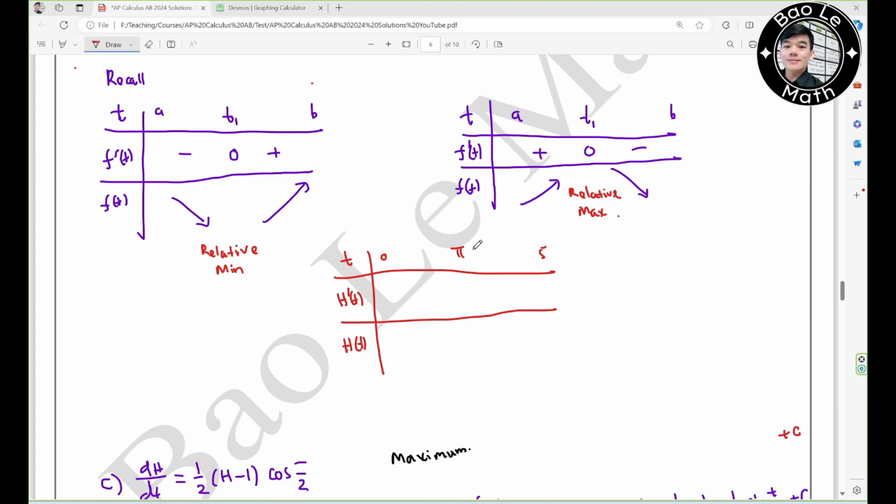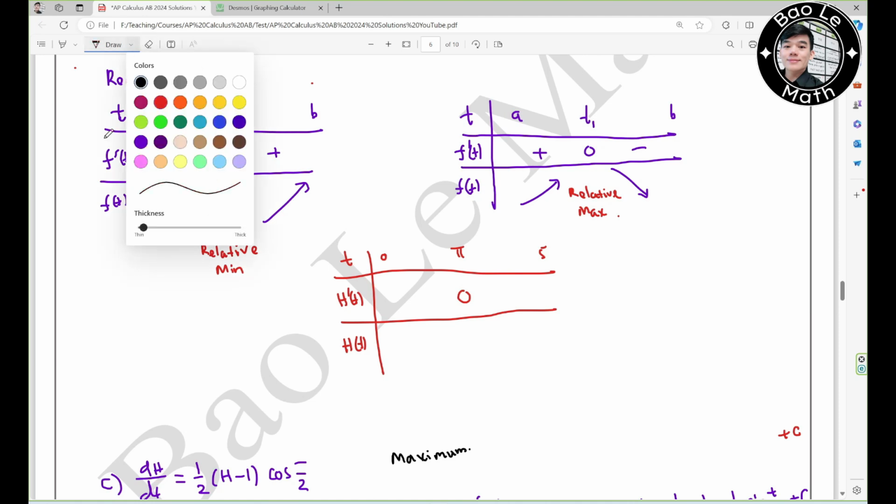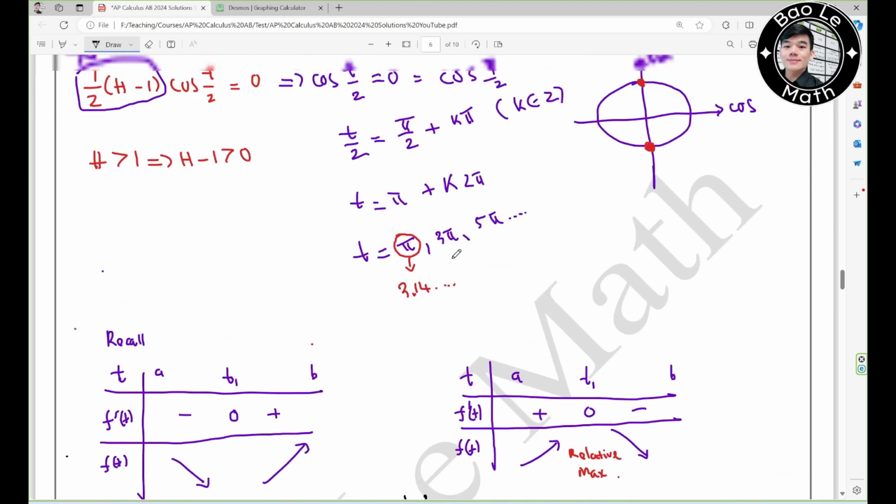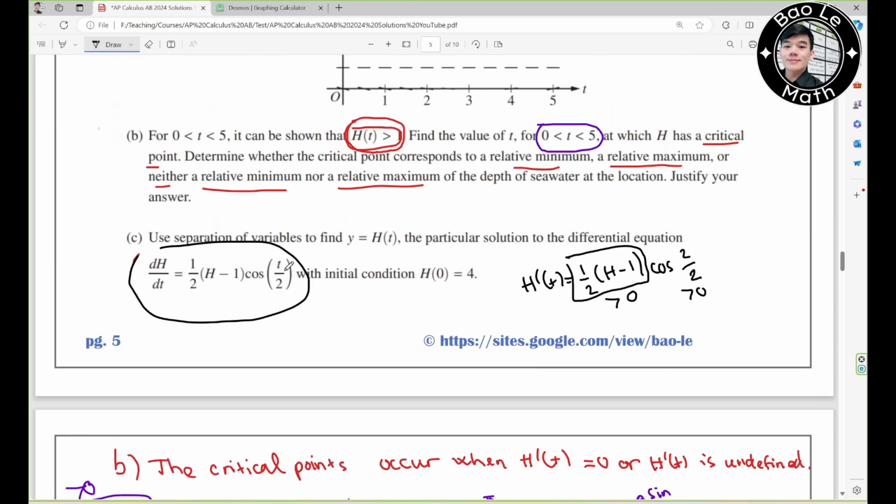So since pi is the critical point, this guy must be equal to 0. Now we're going to put a value t equals 2 in this interval. So we substitute into h prime of t. So h prime of t is going to be 1/2 of h minus 1 times cosine t over 2.